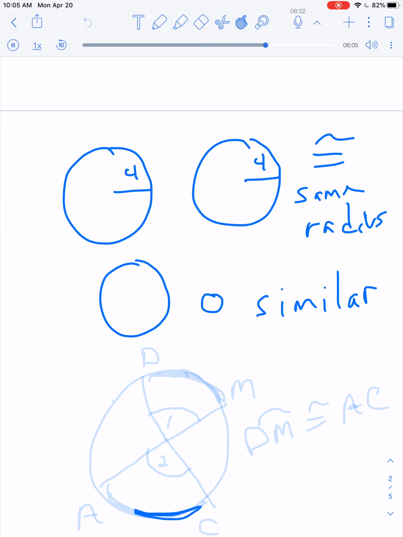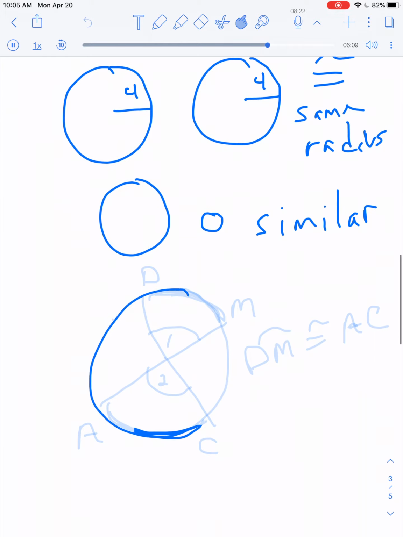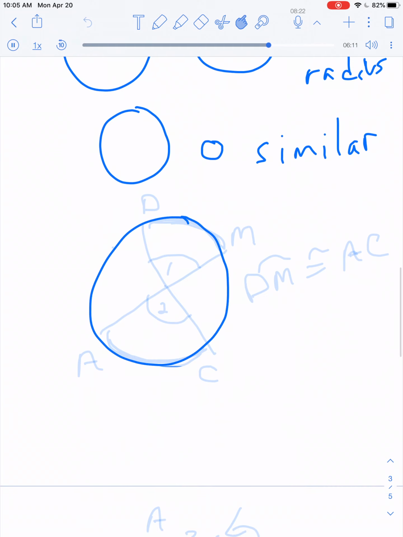Other thing that's interesting, it's a theorem in the book, but we don't spend a lot of time on it. Let's say we have like a bow tie situation here. Here's the center. We'll go across this way and down this way. And that forms, let's say, arc DM and arc AC.